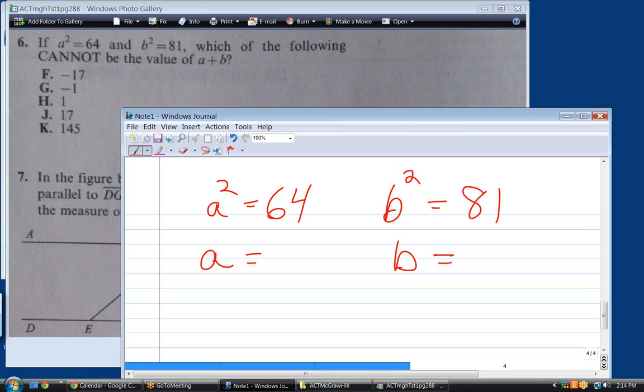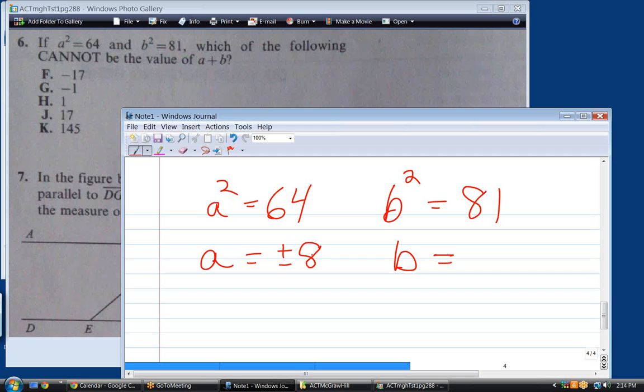A equals 8. Most common mistake in algebra is that one right there. A equals plus or minus 8. Oh, yeah. Notice that each one satisfies this equation.